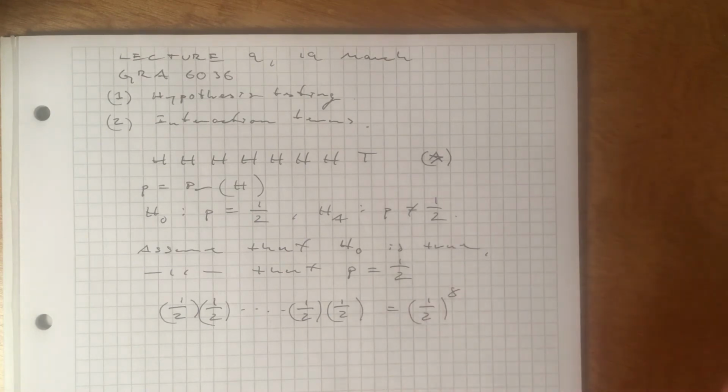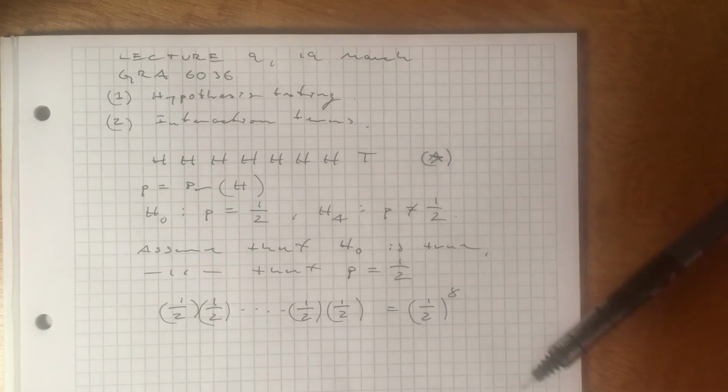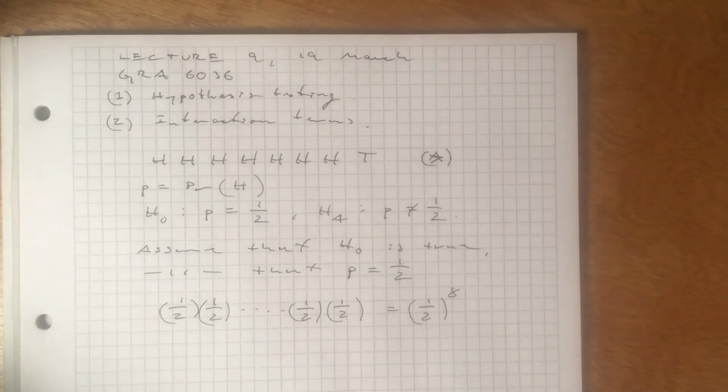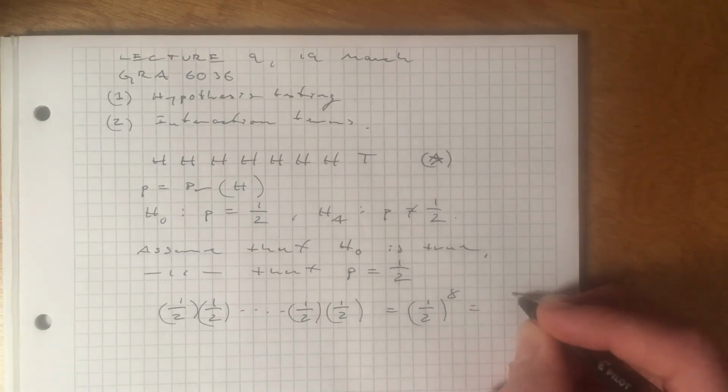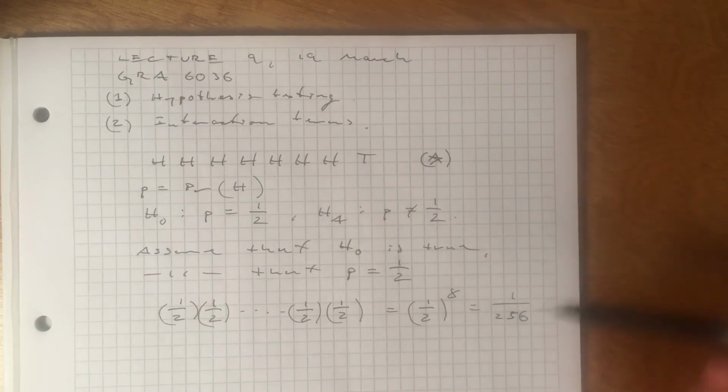This is the probability of getting this sequence of heads or tails, which is a very small number indeed. What is 2 to the power of 8? It is 256. So this is 1 over 256. The probability of getting star is small.